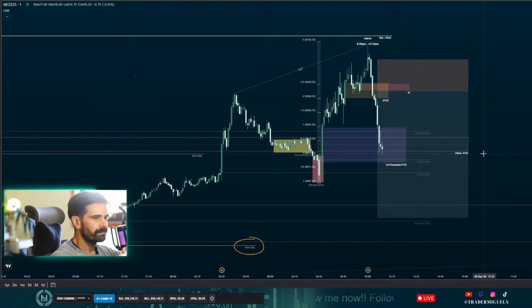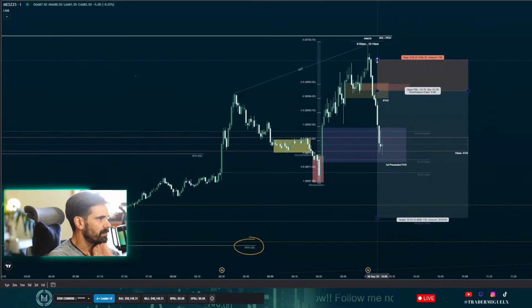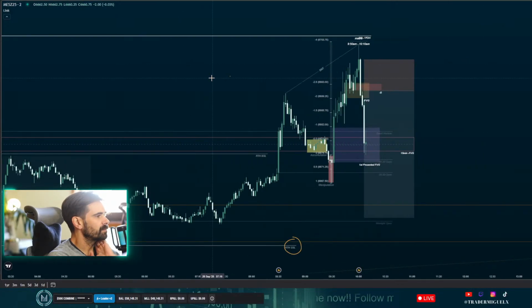Yeah, this would have been a good trade, honestly. With a large stop loss, it's an 8 handle stop loss, but it would be a nice one.